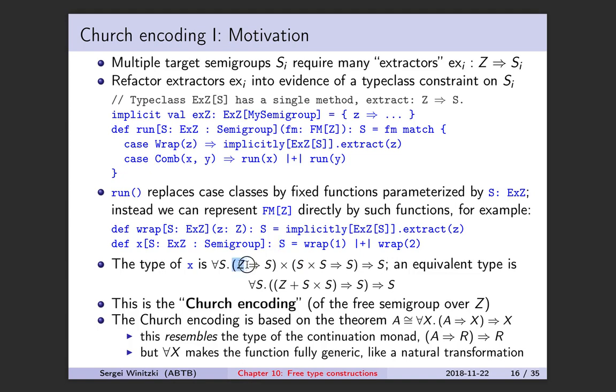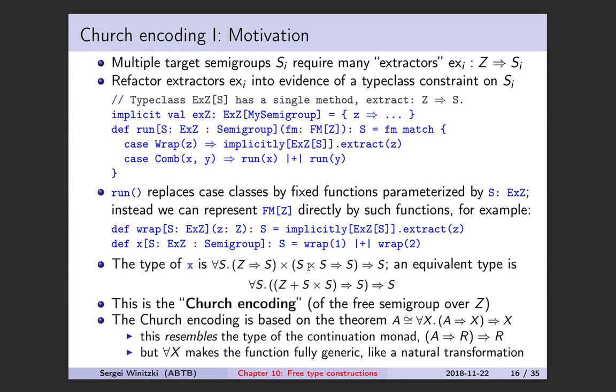So in other words, it is this function, which is parameterized by type S. So this should work for every S. And we want to write this explicitly using the universal quantifier.